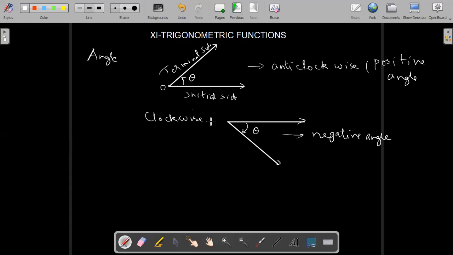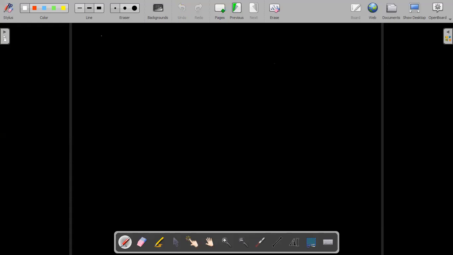Okay. Then we have measure of an angle. How to measure? There are systems for measuring the angles. So next part is measure of an angle. For measuring an angle, there are two systems.